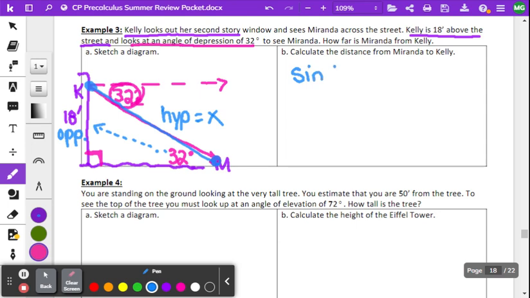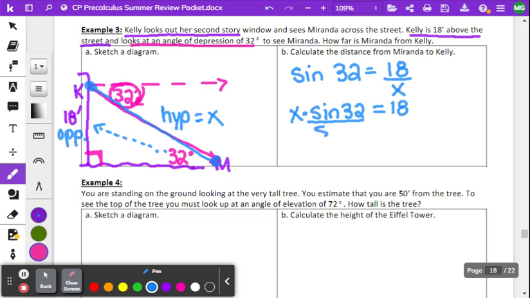So we have the sine of 32 degrees equals the opposite over the hypotenuse. Now we have a little more work to do on this one because our variable is in the denominator, but it starts the same. We multiply by x on each side. We get x times the sine of 32 equals 18. And now we say, well, how are we going to isolate x?